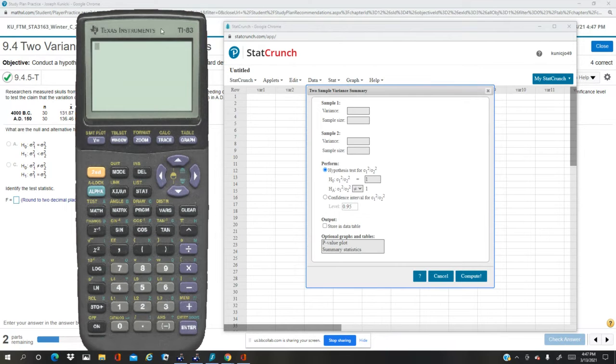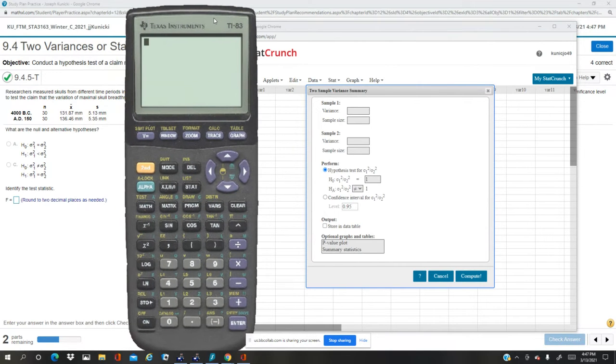So the 5.35, which you can see there, will be S1. So that's 5.35 squared. So 28.6225.